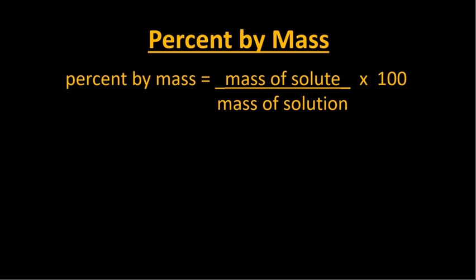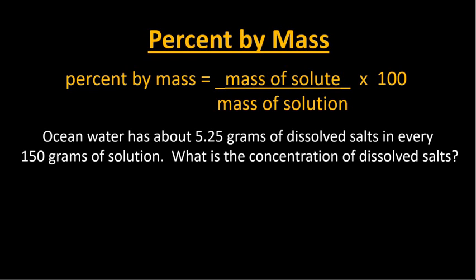So a sample problem. Ocean water has about 5.25 grams of dissolved salts in every 150 grams of solution. And it asks, what is the concentration of dissolved salts? Okay, so you're going to do concentration percent by mass.